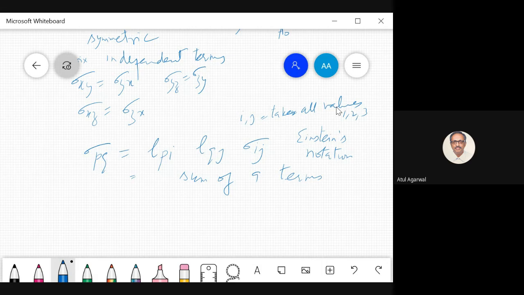If you just expand it, suppose this is x prime, so this will become L. P is for x prime, you see. I and J are repeating here, you see. Whatever repeats takes all the values.